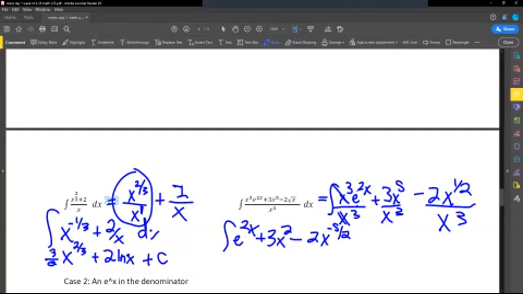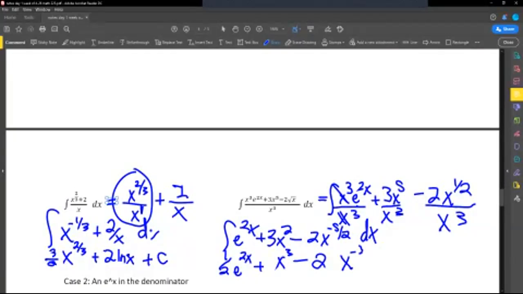But now I have something that I can integrate once I simplify it. So the integral of e to the 2x, remember you divide by the 2, so it's 1/2 e to the 2x. The integral of this guy would be x cubed, and the 3 on the bottom is going to cancel with the 3. Minus 2, okay, raise the power. So negative 5/2 plus 2/2 is negative 3/2.